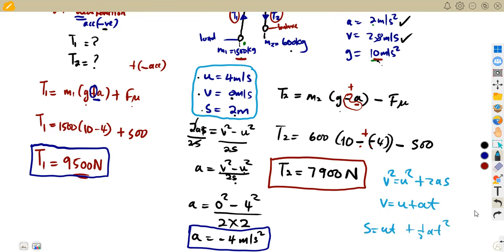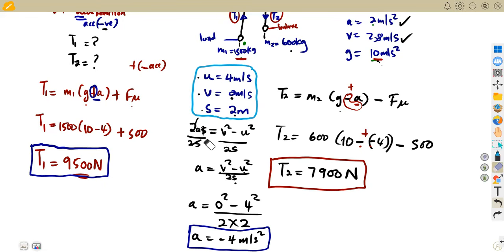It's going to depend on which formula you are given. Just relate from your formulas of linear motion, and pick the best formula that suits where there is acceleration. So in this case, we could have used this one, 2AS is equal to V squared minus U squared, to make acceleration the subject. You calculate that, and because it's a deceleration, we are going to get a negative answer.